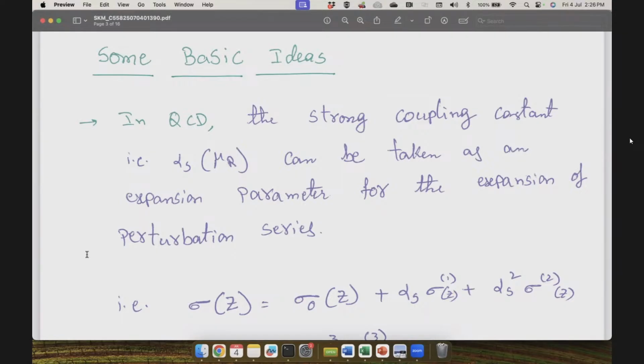In that sense, we heavily rely on perturbation theory. And in order to do perturbation theory, we need some expansion parameter. Typically the expansion parameter can be taken as a coupling constant, provided it is a very small number. That is alpha s, which is defined as g_s squared by 4 pi, and it can be taken as the expansion parameter for the perturbation series.